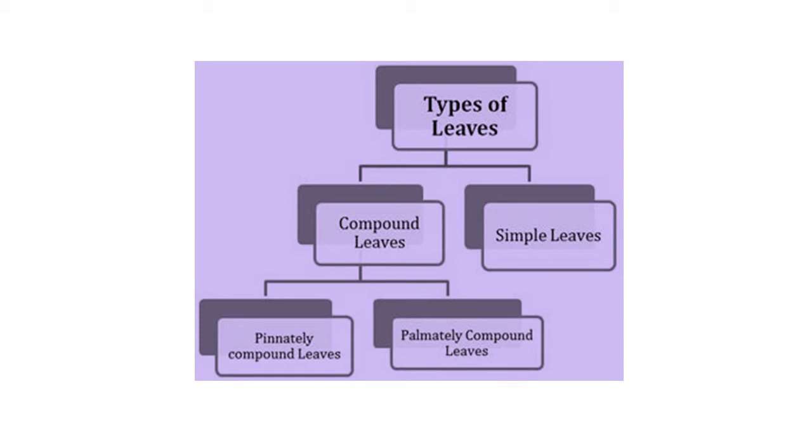So the typical leaves observed in various plants, on the basis of their arrangement, may be of compound type or simple type, and in compound type two possibilities are there, either pinnately compound leaves or palmately compound leaves.